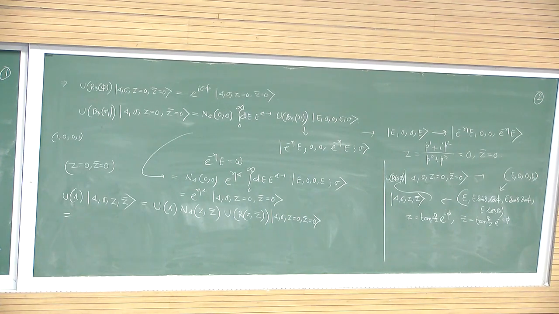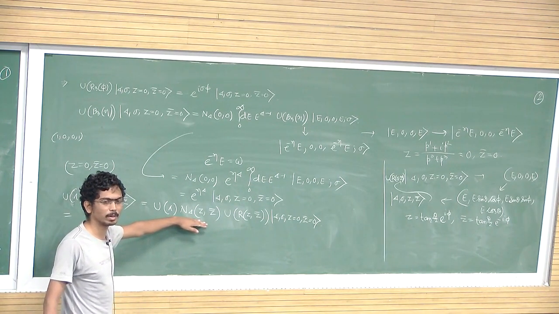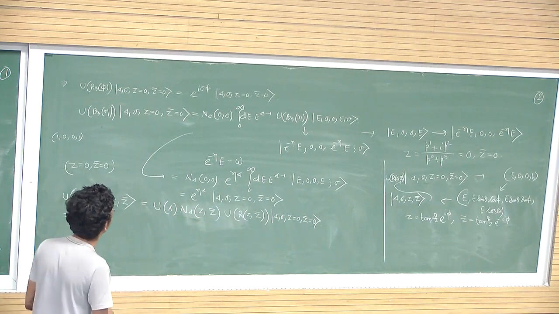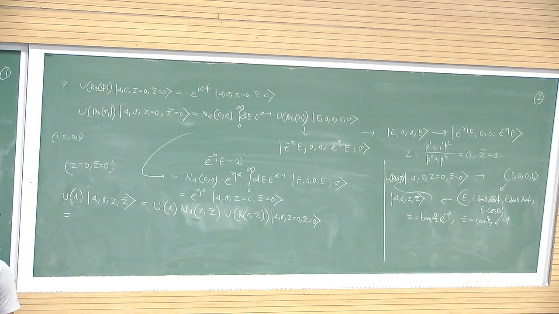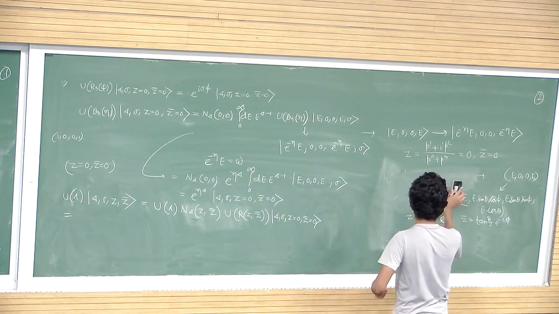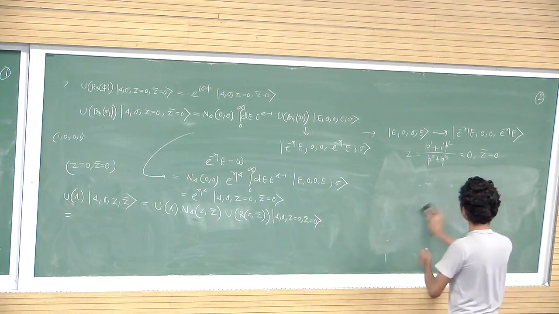No, because I have introduced this N delta z z bar. He is saying N delta 0 0 in the denominator, so that the final normalization is N delta. Let me write this clearly.